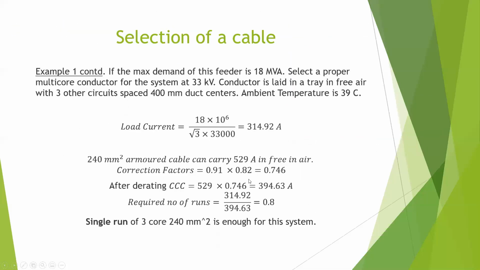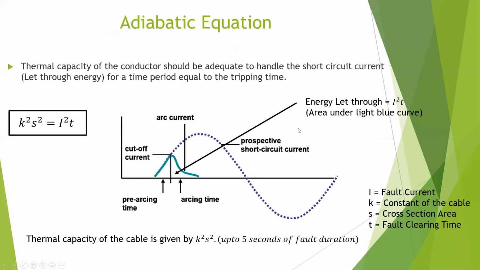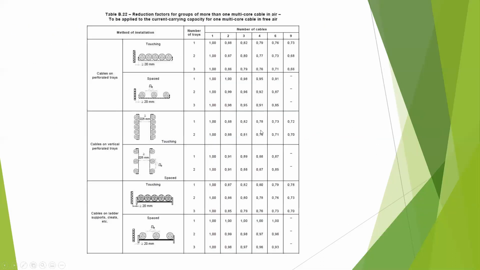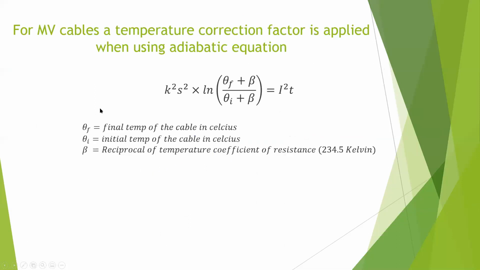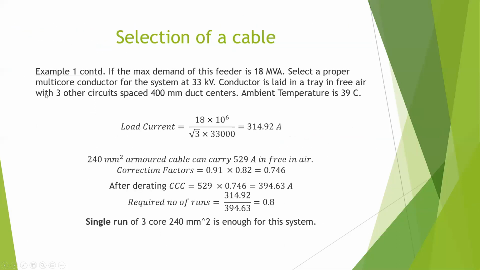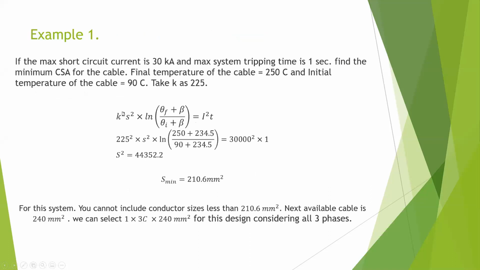After getting that, we have another correction factor. We have three other circuits, ducts spaced at 400 millimeters, so we have a correction factor for this also. The question says we have three other circuits, so that means the total number of circuits is 4.